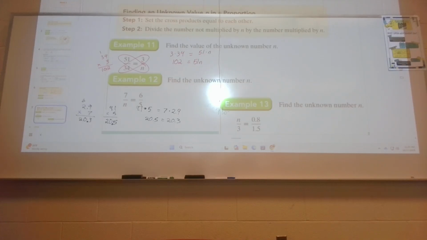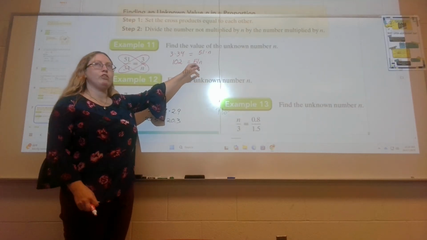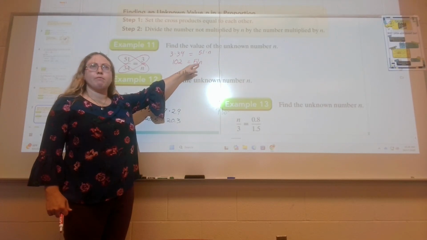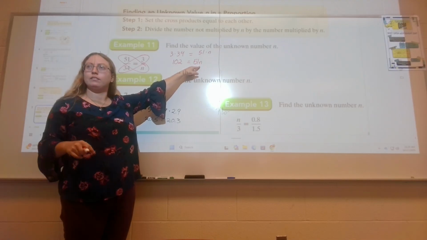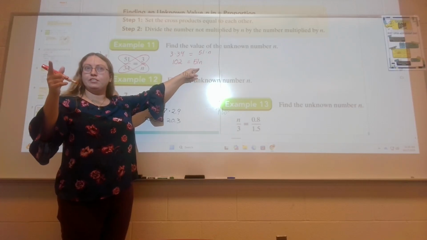So this is where I'm going to make you think back to high school. When you're asked to solve an equation and you know this is 51 times n, how do you get rid of the 51? You're going to move it to the other side.